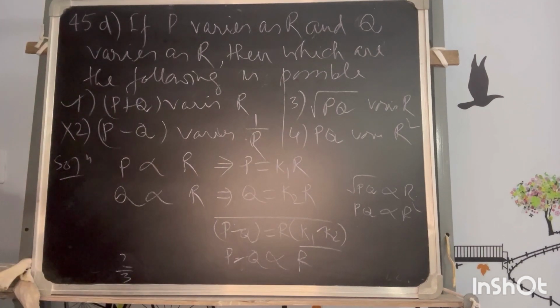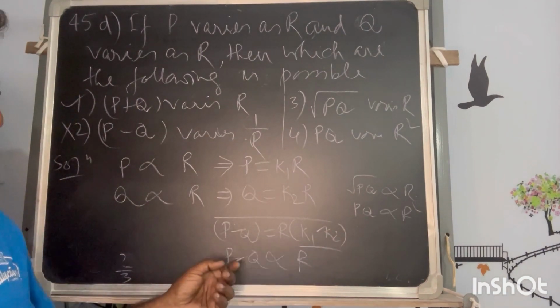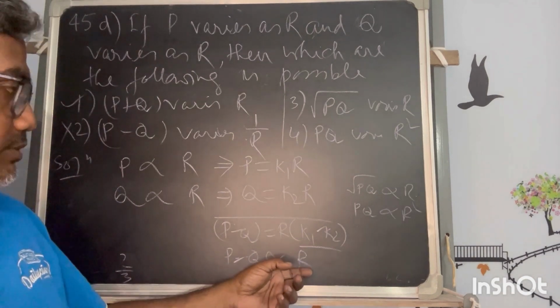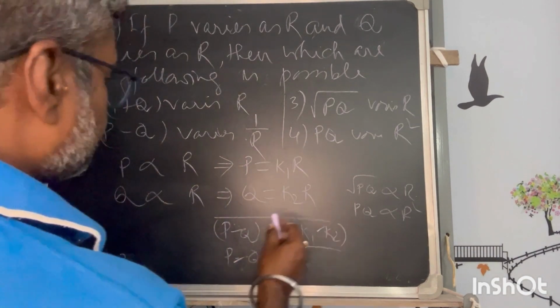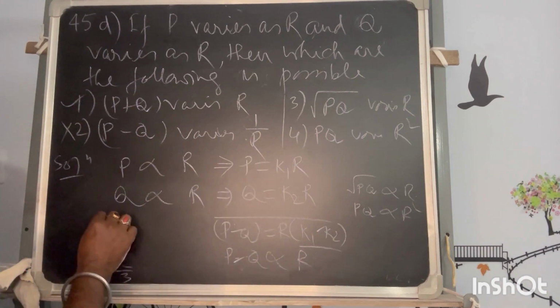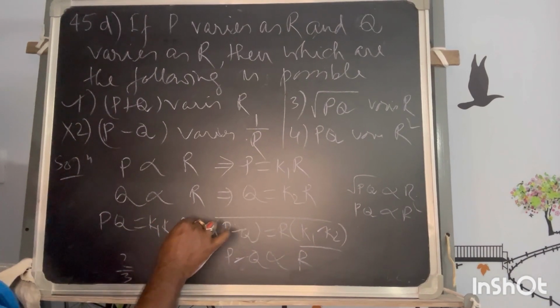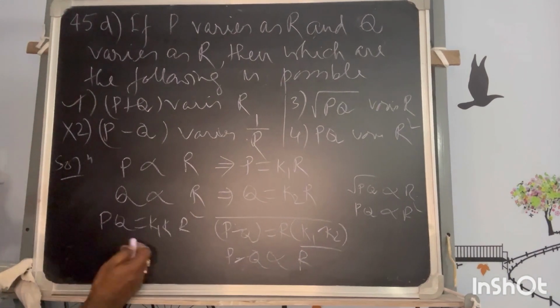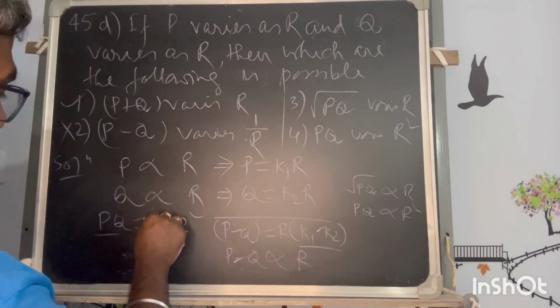This cannot be the right answer, because this is saying 1 by R, the reverse of R, whereas P minus Q is proportional to R. So this is not the possible answer. Now if I multiply these two, PQ is equal to K1 K2 into R square. This is also a constant.